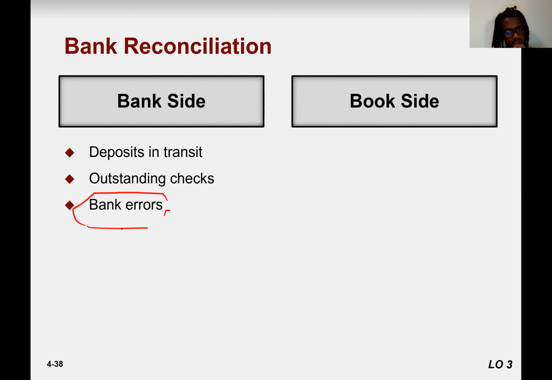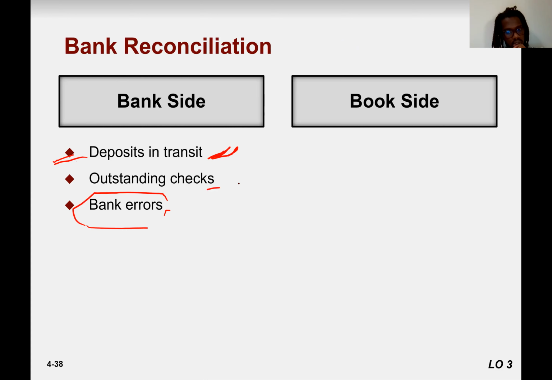So the bank side is lacking the deposit in transit. Our customer gives us a check and we deposit the check to the bank. In our books, our cash is increased, but on the bank side it's not increased. So there is a difference on the bank side as well. The bank didn't add our deposit.